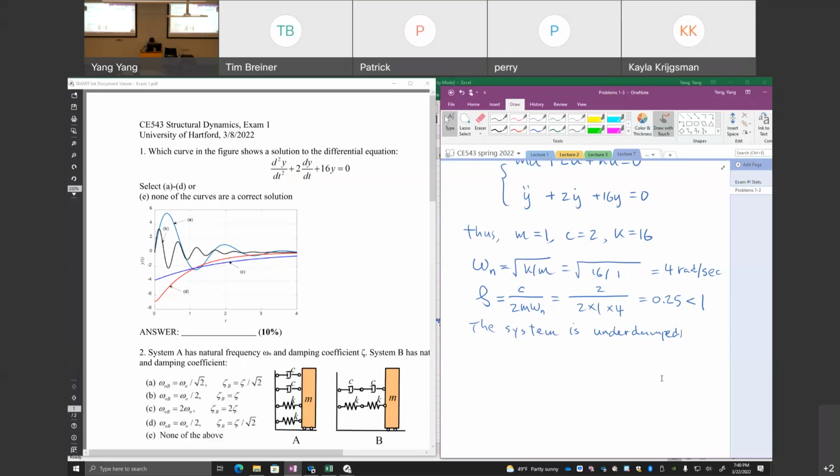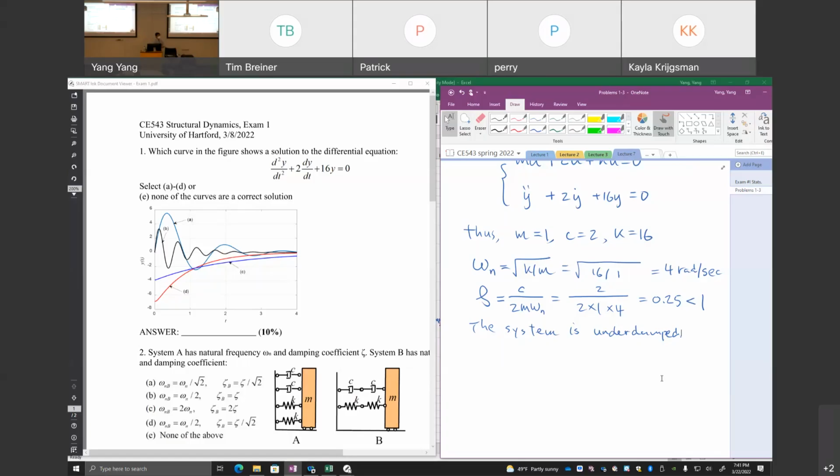Is it A, B, C, or D? Up to here it should be A or B. C or D, that's not an underdamped system. That's an overdamped or critically damped system.